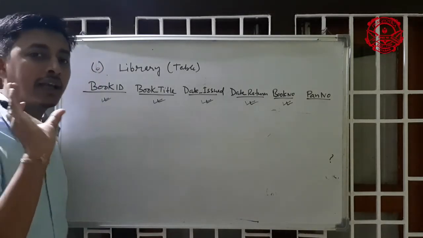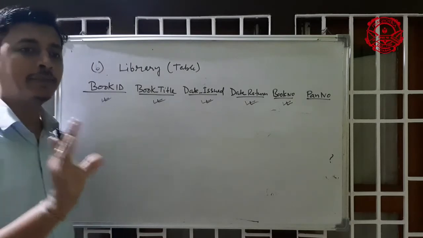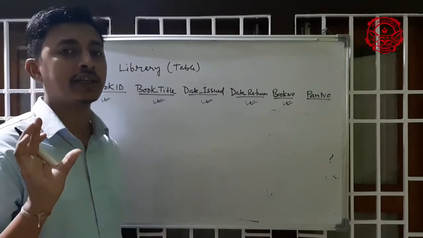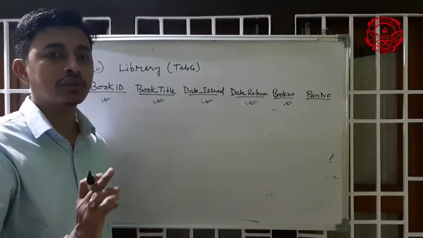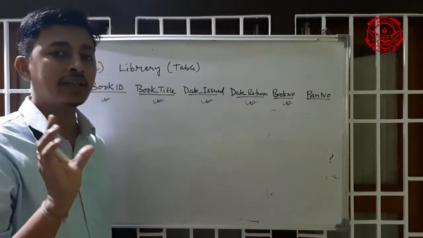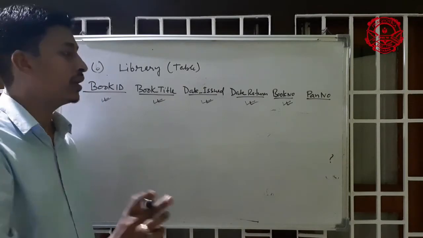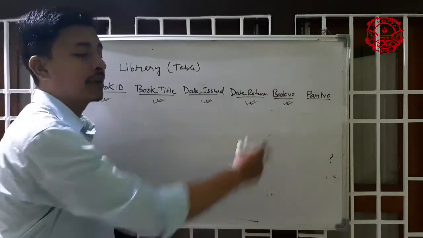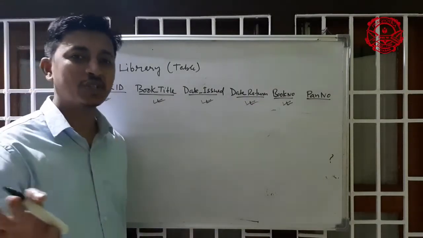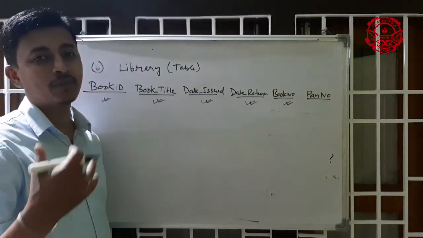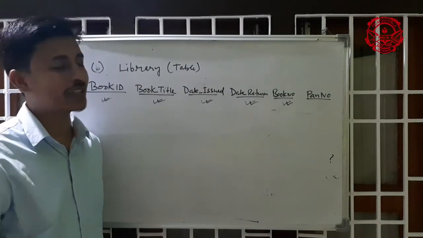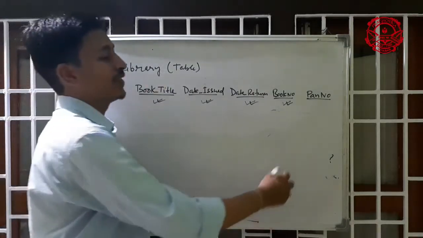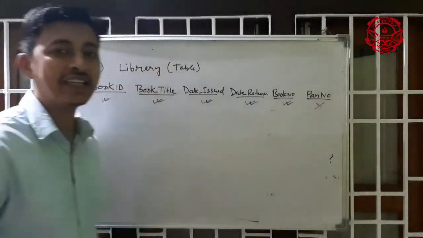We have a library card. In every college, every university, and any school, there is a library card given. This library card is needed for taking the books, not the pen number. Pen number is not required to take the book from the library. Only give the library card. So that's why pen number is an odd field, and it is not required in this table.